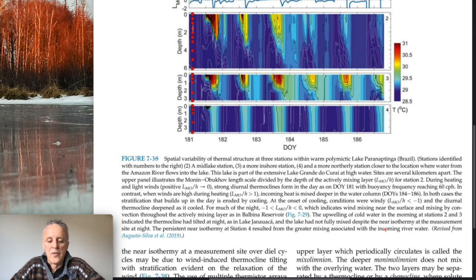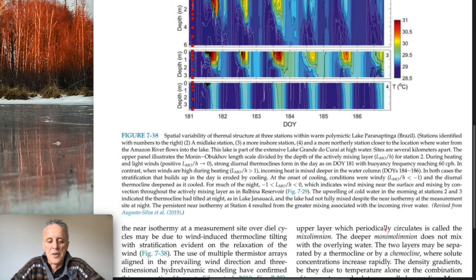The upwelling of cold water in the morning at stations 2 and 3 indicated the thermocline had tilted at night, as in Lake Joanaka, and the lake had not fully mixed despite the near isothermy at the measurement site at night. The persistent near isothermy at station 4 resulted from the greater mixing associated with the incoming river water.